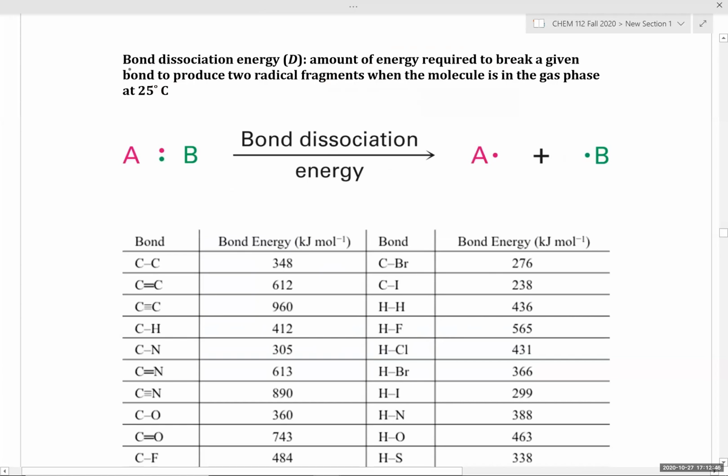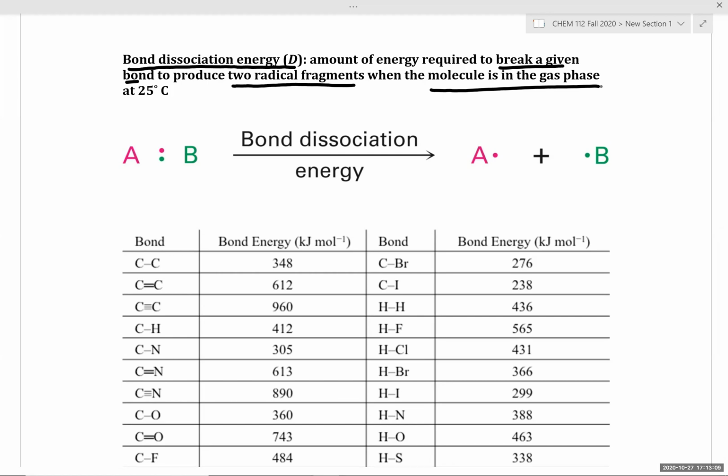So bond dissociation energy, as we've discussed previously when we talked about radical reactions, measures the amount of energy required to break a given bond to produce two radical fragments when the molecule is in the gas phase. The bond dissociation energy is useful for estimating reaction enthalpy.